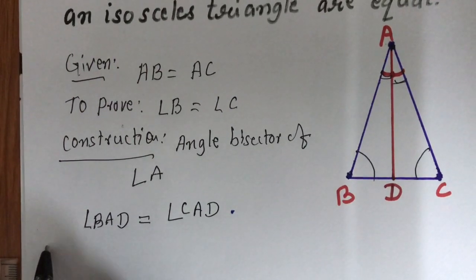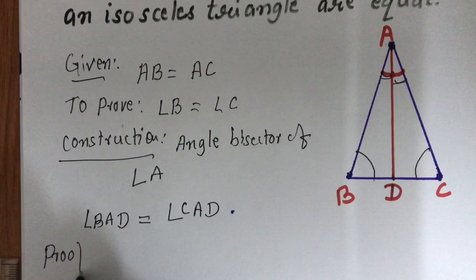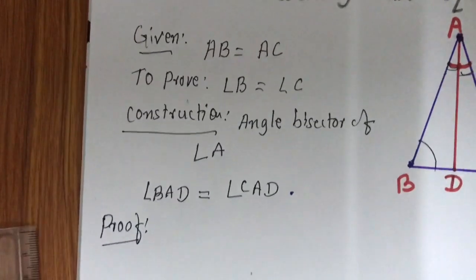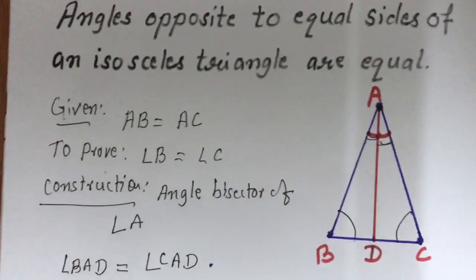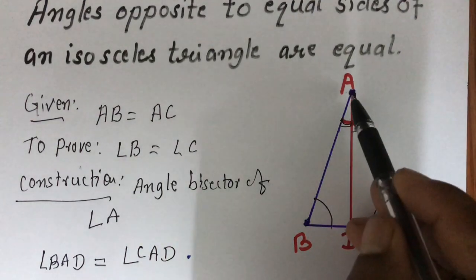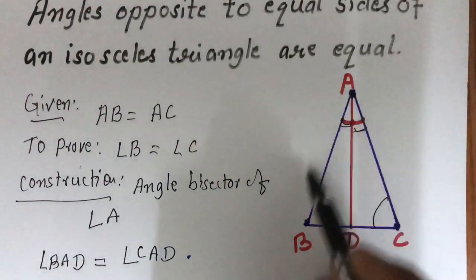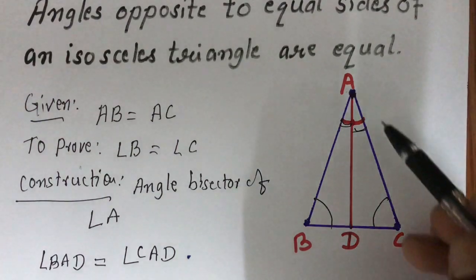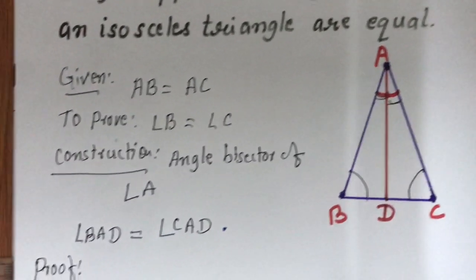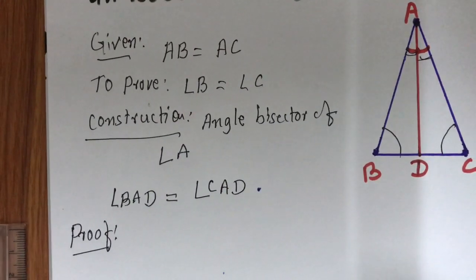After this, we shall write proof. Understand? To prove, we shall take the two triangles, triangle ABD, this triangle, and triangle ACD, this triangle. These two triangles we are going to take.